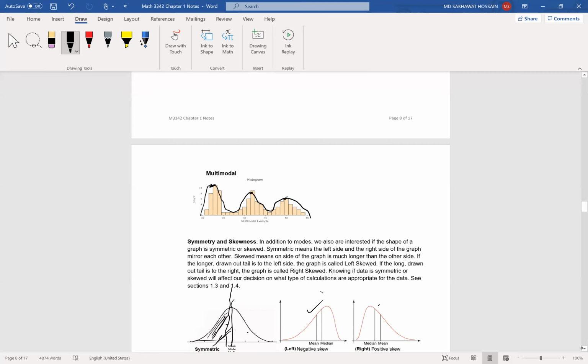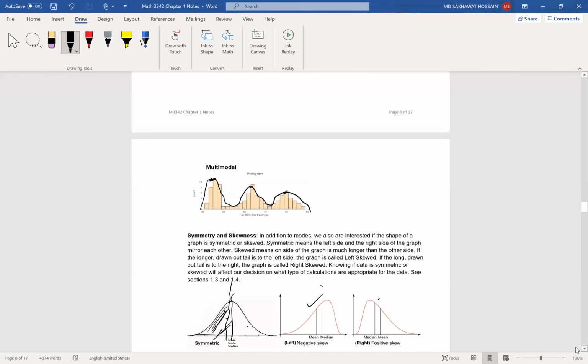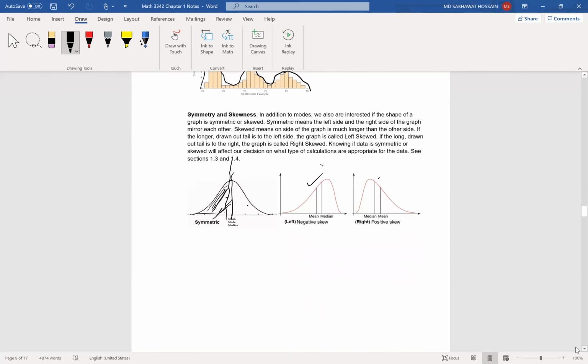The left skewness is called negative skewness or negative skew, and the right skewness is called right skewed or positive skew. That means if the distribution of the data has a left tail, then it is called negatively skewed or left skew. And if the distribution has a right tail, then it is called positively skewed or right skewed.